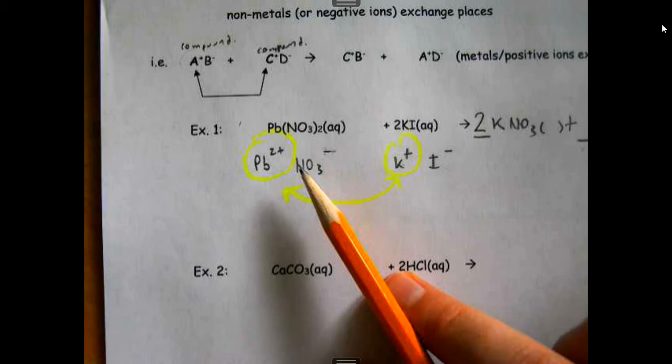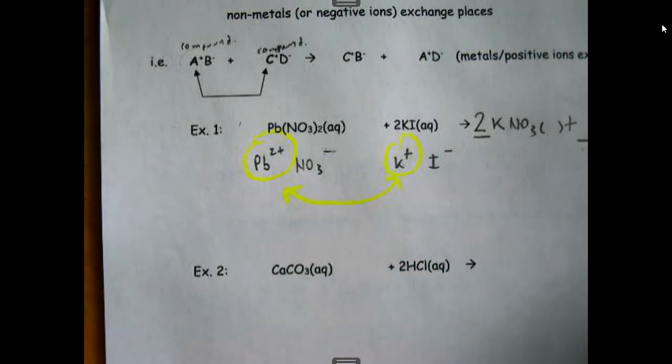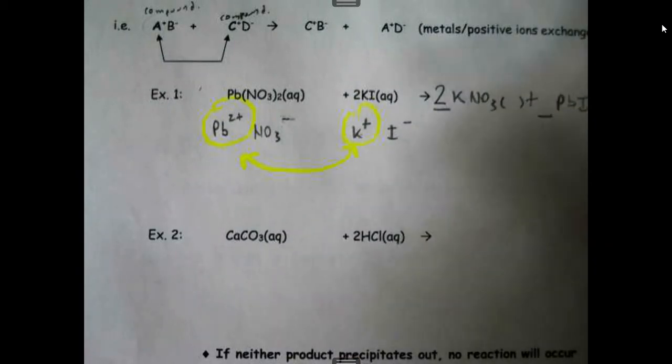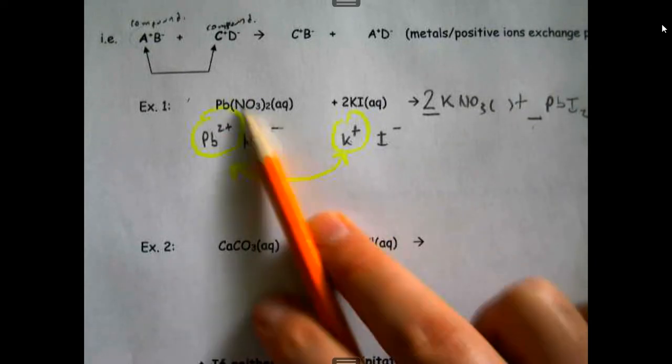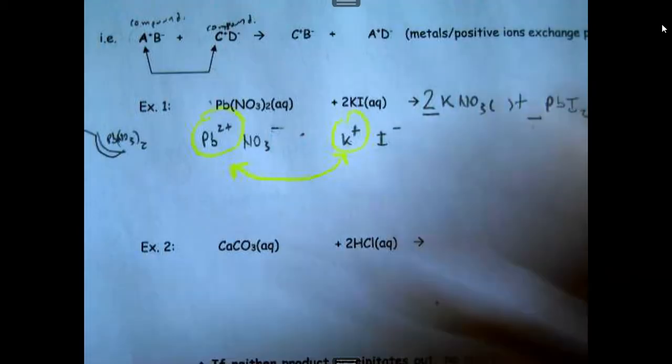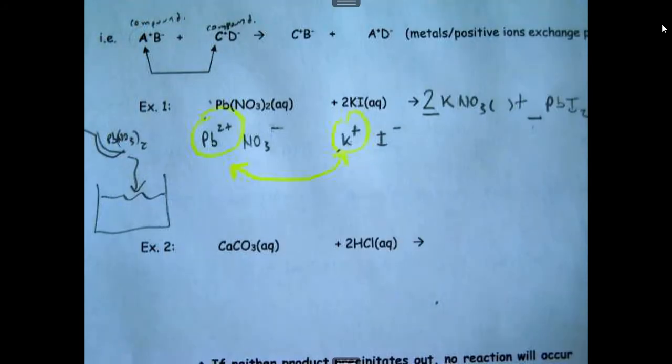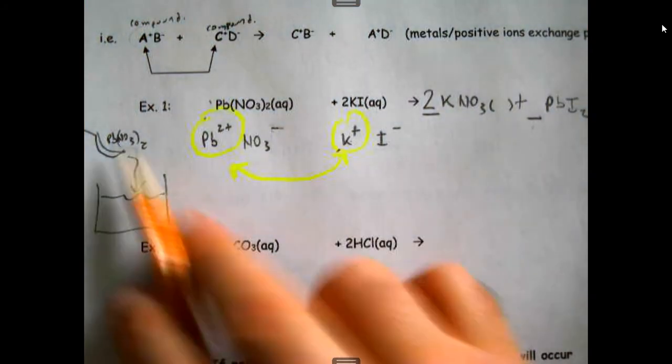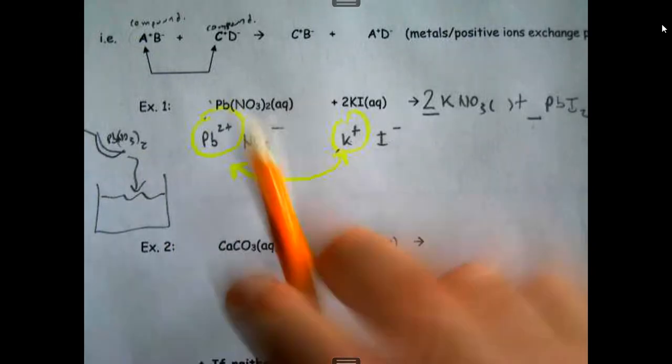Now going back just one little step, and we'll maybe expand on this as part of our AP stuff, but for the most part, what happens to these compounds when they're placed in solution? So if I was to take a sample of Pb(NO3)2 and pour it into water, what would happen to this compound is it would separate into its ions.